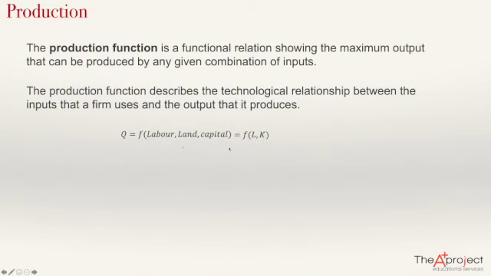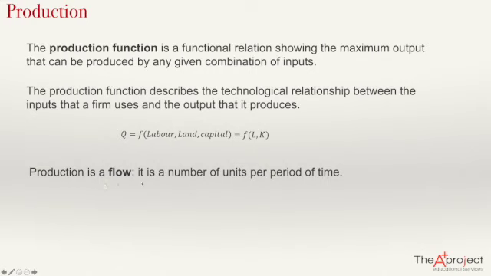Anyway, we can write the quantity produced as a function of some of the inputs. This quantity produced will be in a period of time. For that reason, we say that production is a flow, a number of units per period of time. It could be in a year, in a week, or in a month.